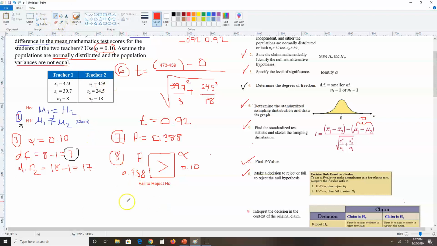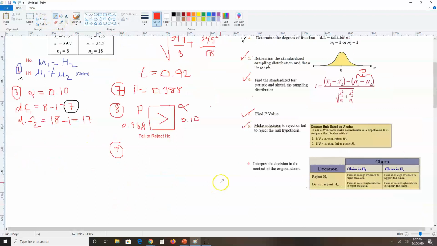Let's do step number 9. Okay, step 9. What we're going to do now is make the interpretation. It all depends on this chart. What was your decision and where is the claim? My decision was fail to reject, so I'm in this row, second row. And my claim is in H1, which is the equivalent of HA, so I'm in my last column here. Second row, last column. Look what it says.